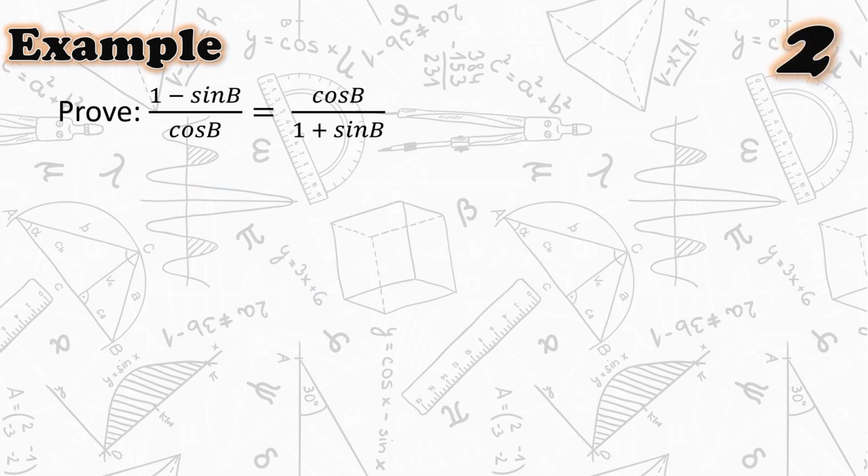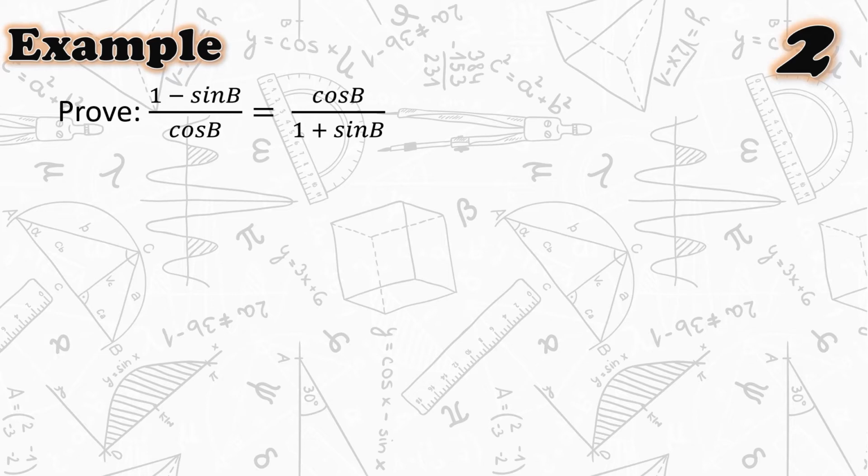Prove 1 minus sine b over cosine b is equal to cosine b over 1 plus sine b. From the first slide, we are told to choose which one is more complicated and express it into an expression that is the same as the simpler form of the identity.